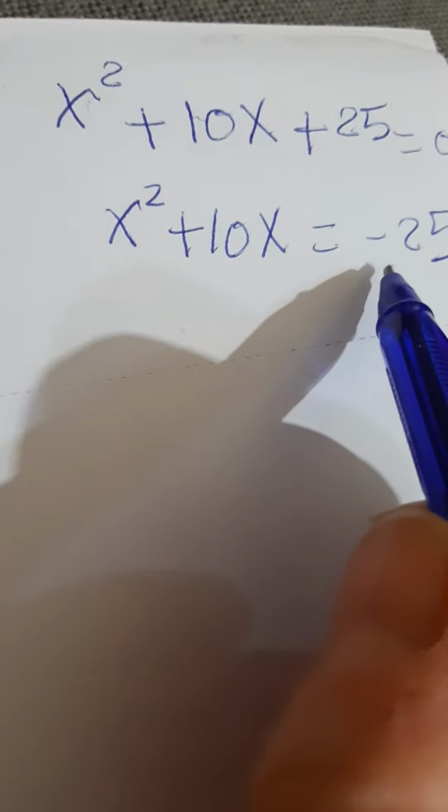If the example was written like this, you cannot use the rule. c must be here. The lonely number must be before the equal. In other words, the other side must be 0. So the first step, same story for any x squared with the regular x with a number, everything must be on one side.